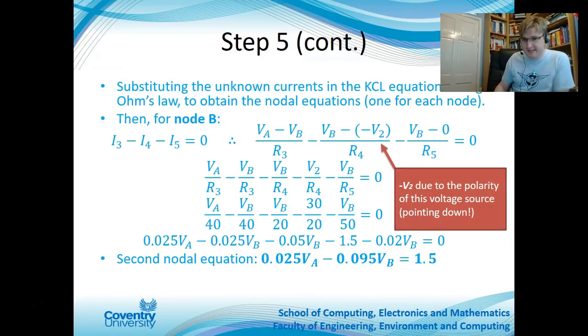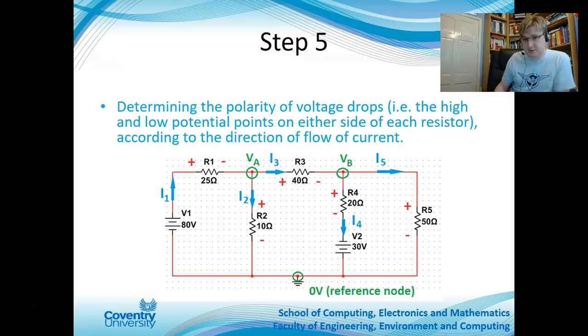And that minus V2 is due to the polarity of the source. So remember, it's pointing downwards. So that's why that's a negative, because potentially stuff's flowing away from it. And then for R5, it would be VB minus 0 divided by R5, because you've got VB here, which will be your positive end, and you've got 0, which is your negative end.